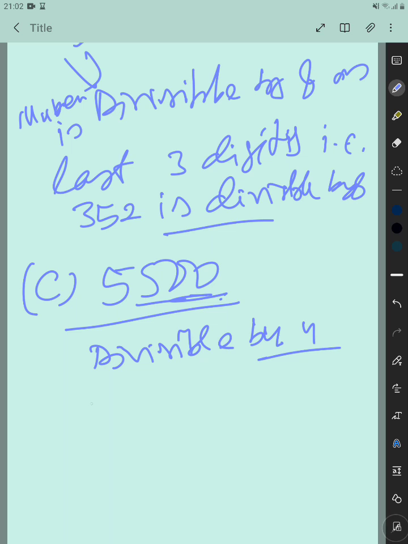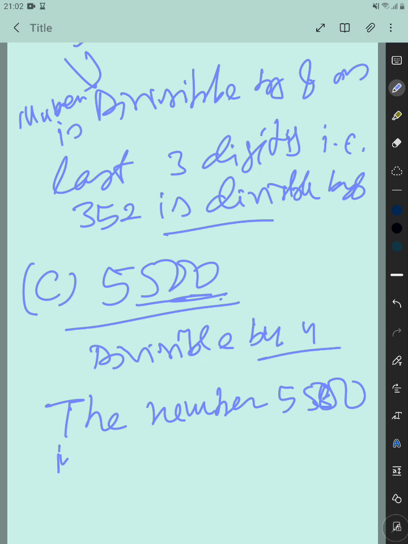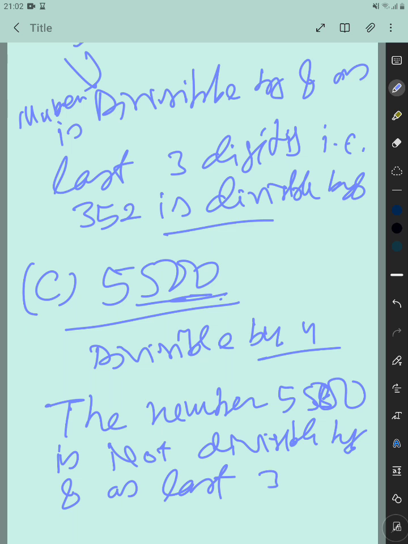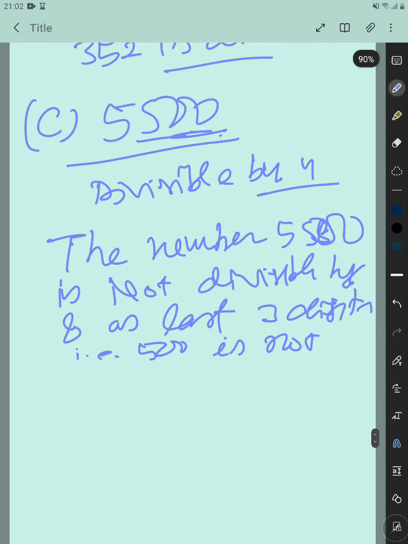So what you will write, that the number 55000 is not divisible by 8 as last three digits, that is 500, is not divisible by 8.